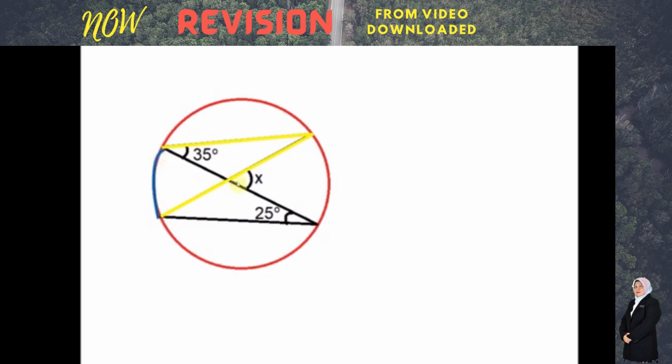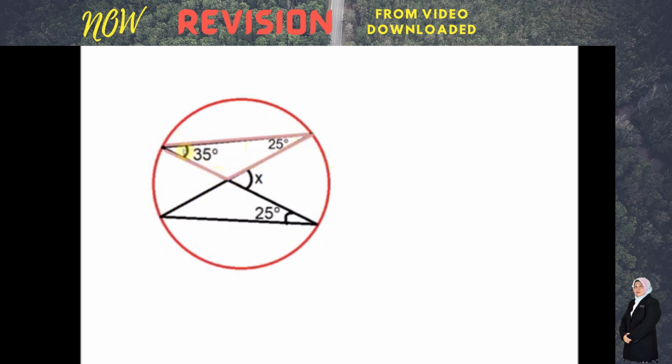Hence, we can say that this angle here is equal to this angle. So this angle is also 25 because this angle and this angle are subtended by the same blue colored arc.